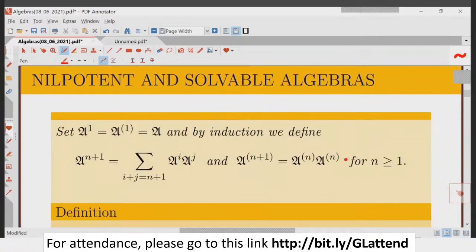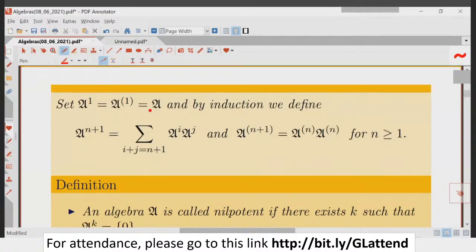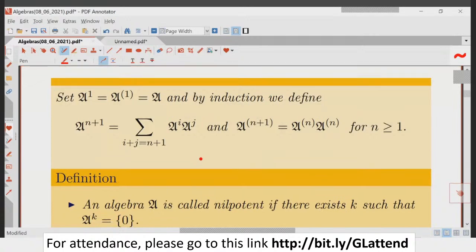Okay, now nilpotency and solvability. Let us consider an algebra A. We denote A upper 1 this way. For 1 we take the algebra itself, and by induction we define such a series.